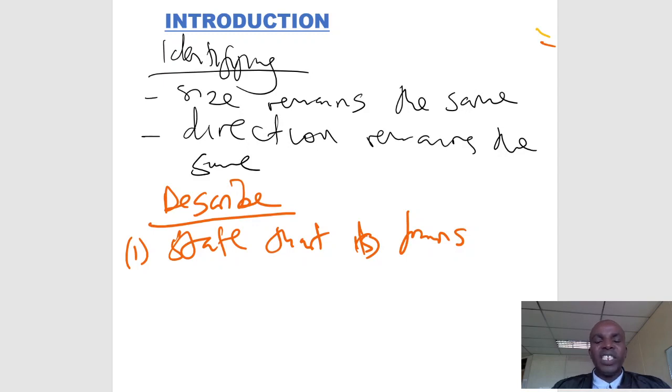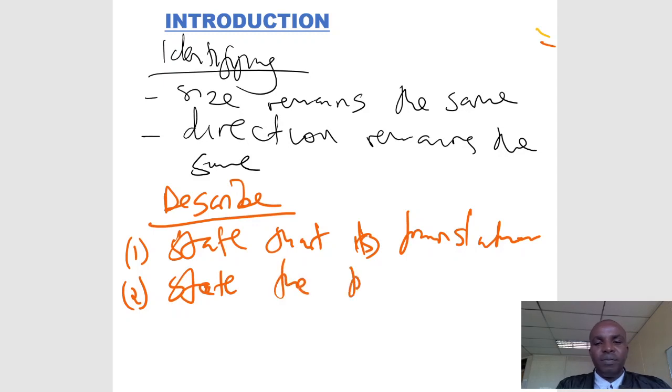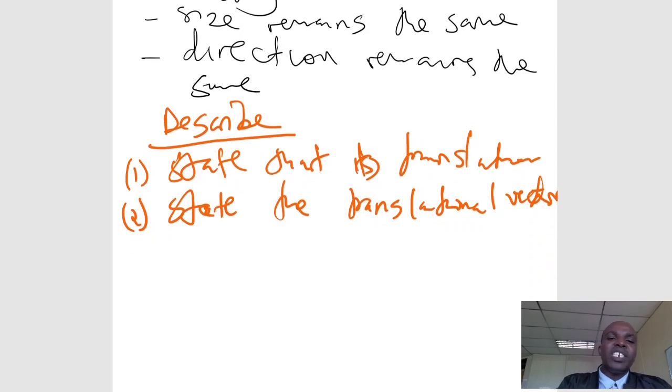The first thing, if it's a translation, you have to state that it's a translation. Then number two, state the vector of translation. These two things, then we have described fully that transformation.